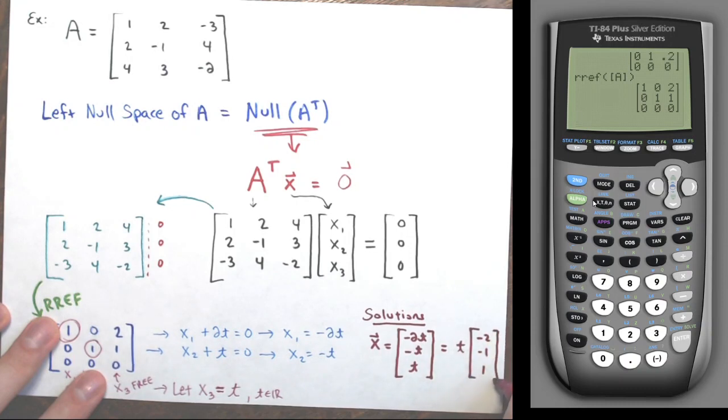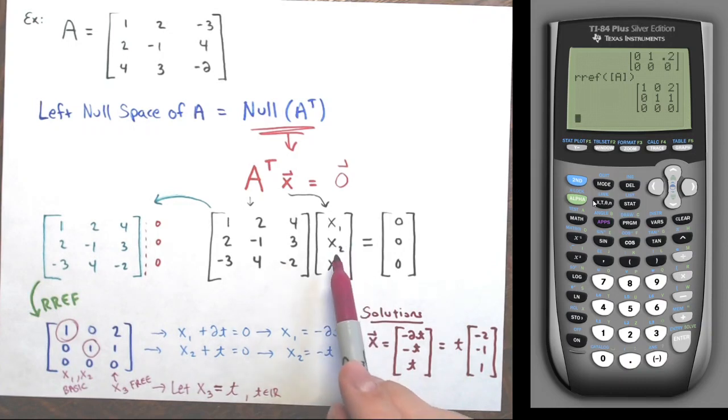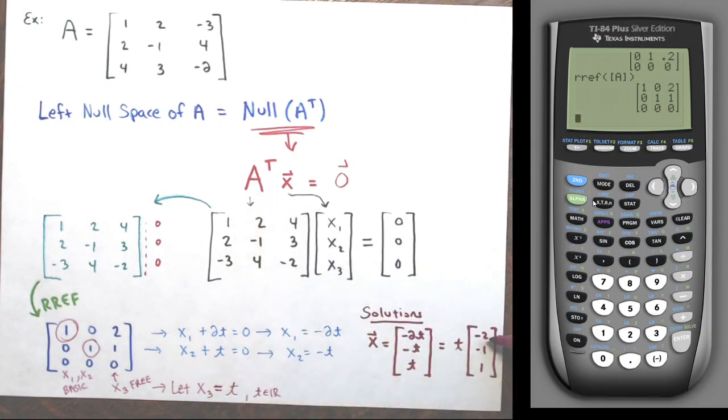So what we're seeing here is that every solution to this equation is a scalar multiple of the vector negative 2, negative 1, 1. In other words, the null space of A transpose is the span of the vector negative 2, negative 1, 1. I'll write that in here.